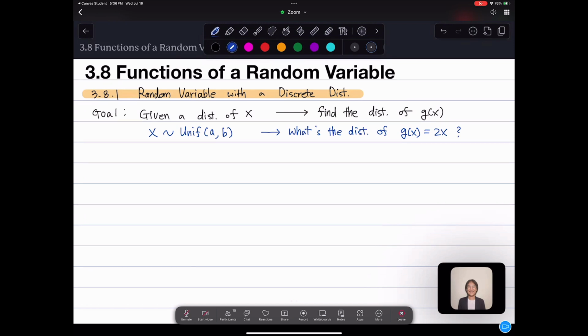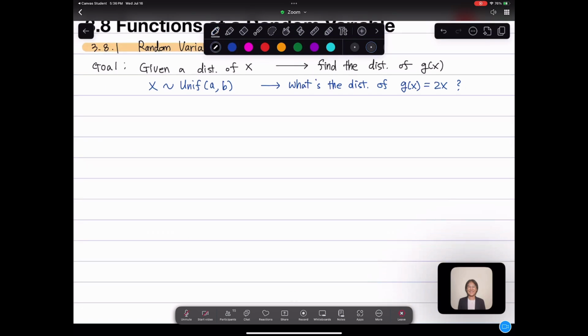So starting with the discrete case, I'm going to start with the theorem to show you how to get this distribution. Theorem 3.8.1: x is a discrete random variable and it has its own probability mass function, PMF, let's call that f_x(x).